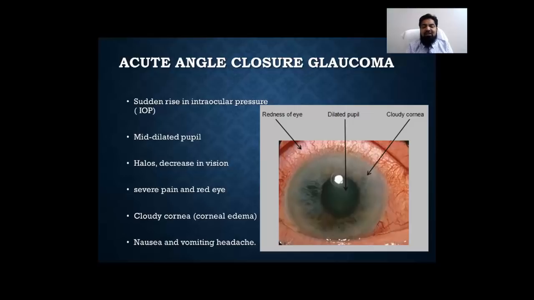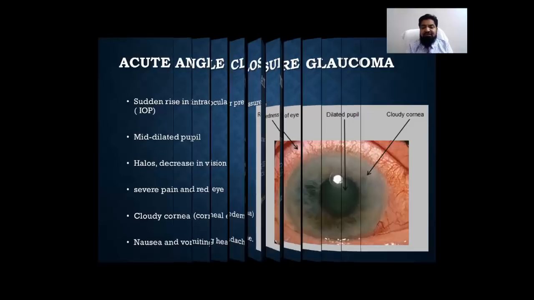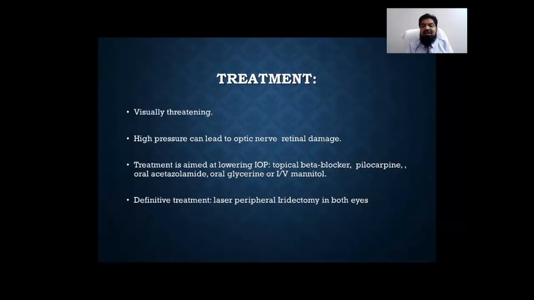Because of the angle closure and pupillary block, the pressure is raised up to 45-50, and the patient has severe headache, pain, and when we examine, they have a mid-dilated pupil, cloudy cornea, and the patient has nausea and vomiting. If we do not treat, the chances of visual deterioration are more.